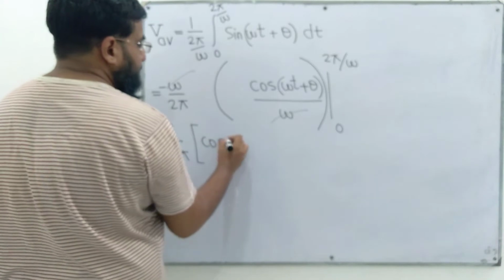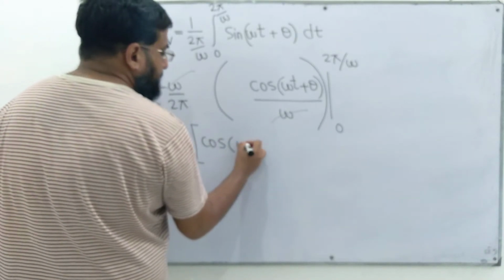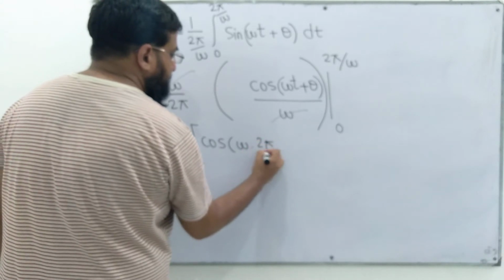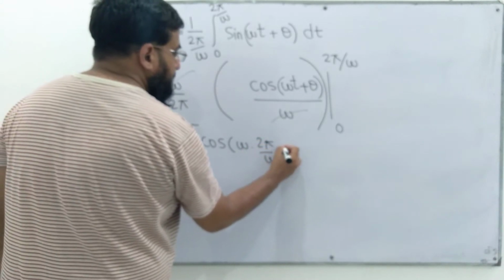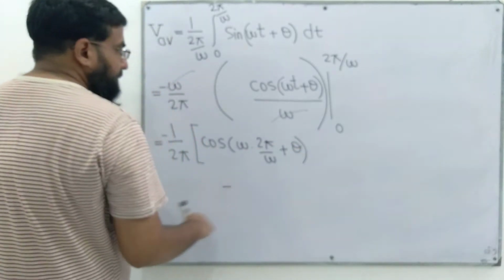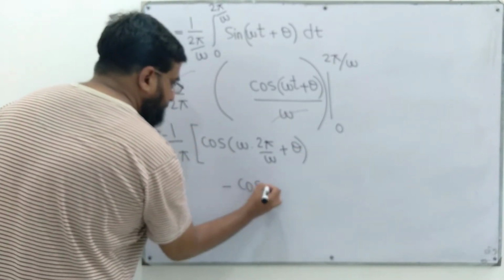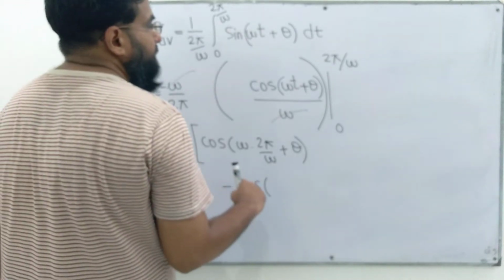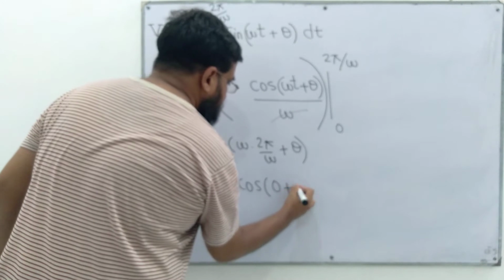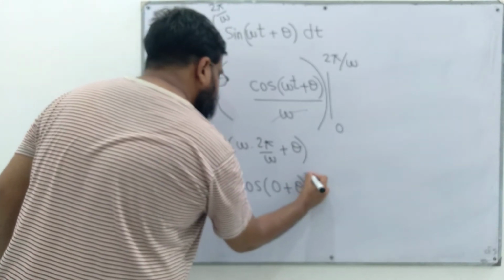Let's put the limit. Let's write this negative sign outside of these brackets. Cos of omega times, put this value of t, 2 pi over omega, plus theta, minus cos of, put this value of t is 0, plus theta.